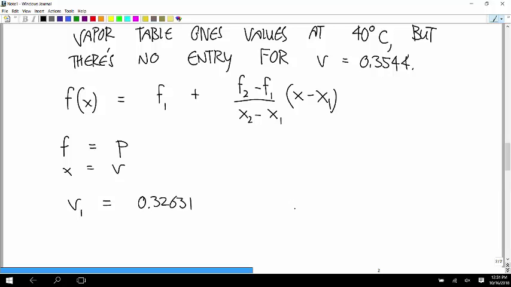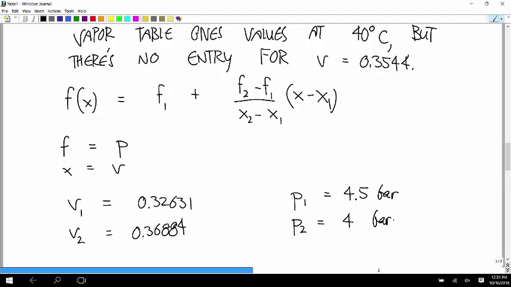0.32631. And what's the corresponding pressure? 4.5 bar. And then what's the specific volume just higher than 0.3544 at 40 degrees? 0.36884. And what's that pressure? 4 bar.